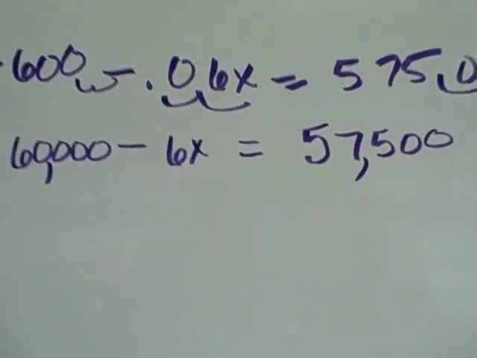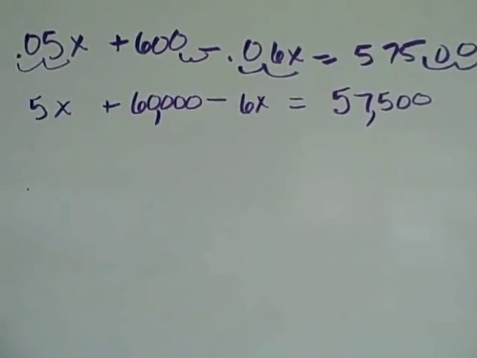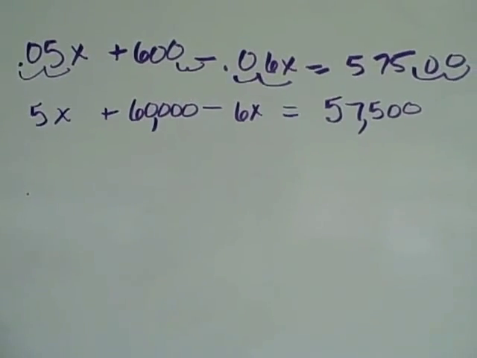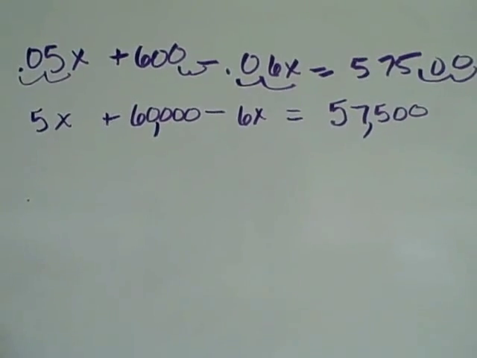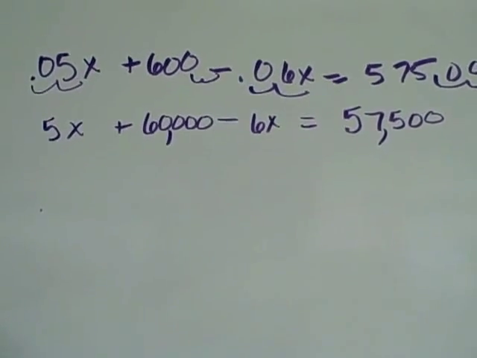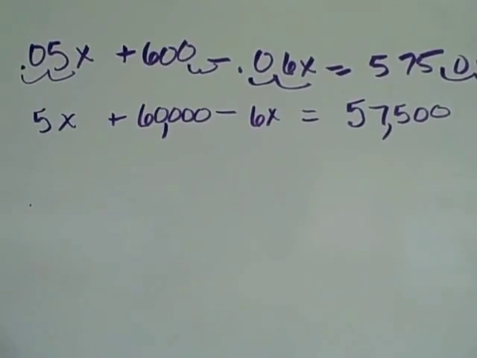Now that looks a little bit better. Now we have no decimals, but we have 5x plus 60,000 minus 6x equals 57,500.